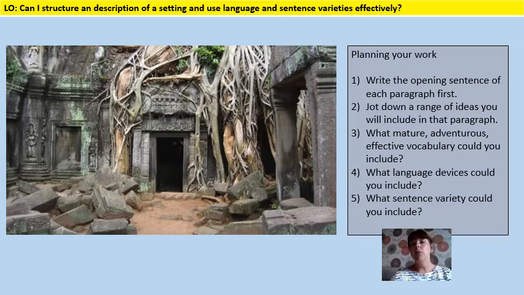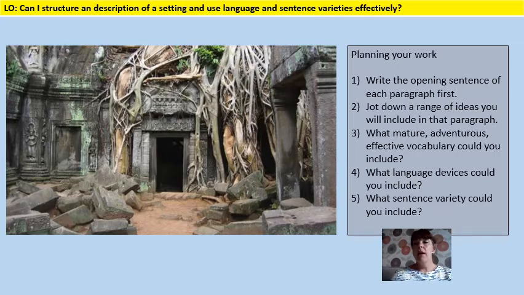But generally, you want to be pushing yourself to extend and develop your ideas. So for each of your 4 to 6 paragraphs, jot down what you're going to include in that particular paragraph, and remember to stay focused on the idea that you've introduced in your topic sentence, the first sentence of your paragraph. So again, pause the video while you just add some notes to each paragraph.